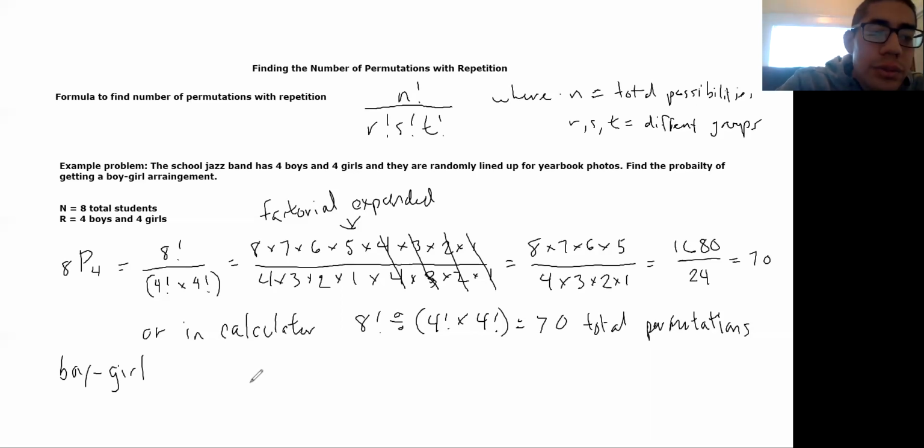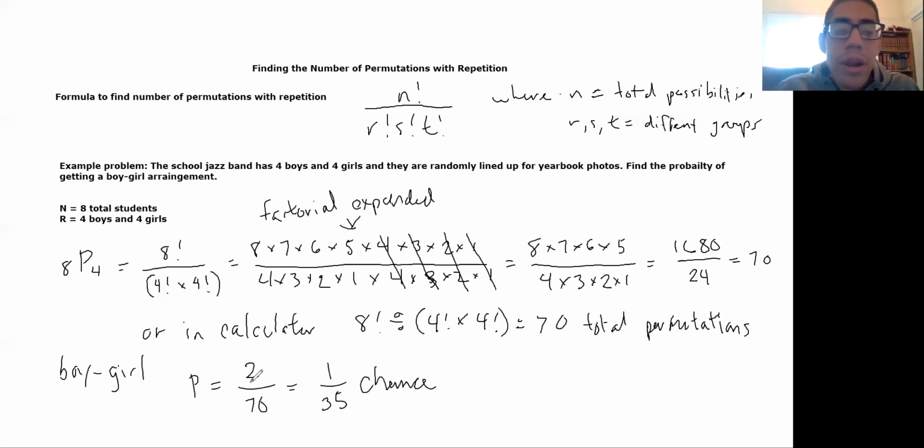In order to get a boy-girl combination, there's only two different ways of doing that. You can get a boy first and then a girl, or you can get a girl and then a boy. That's two possibilities. So my probability of finding a boy-girl arrangement is going to be 2 divided by 70, or a 1 out of 35 chance.